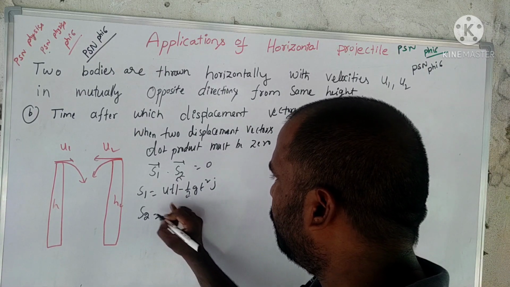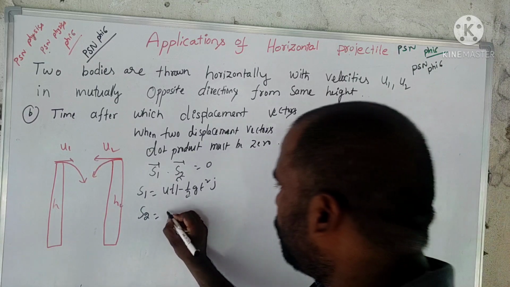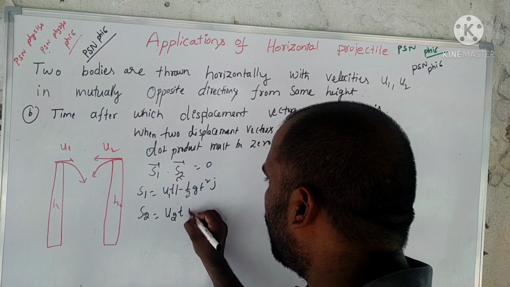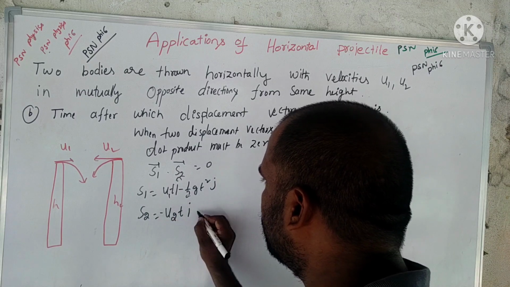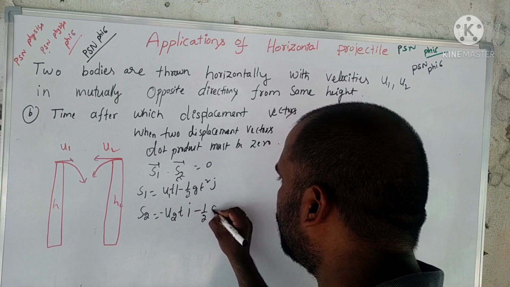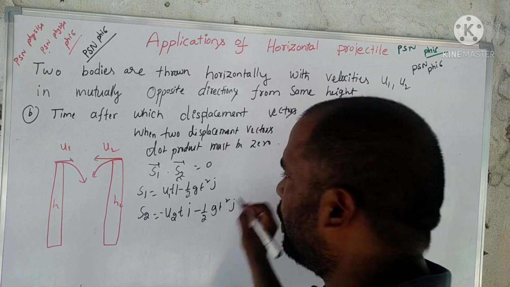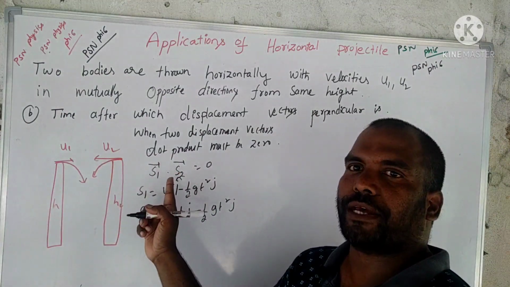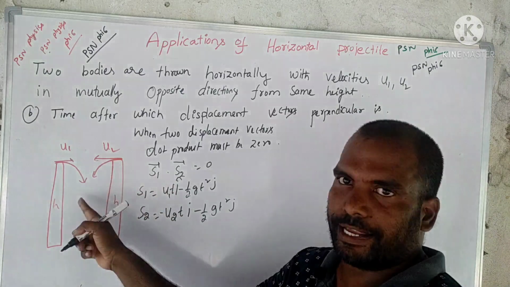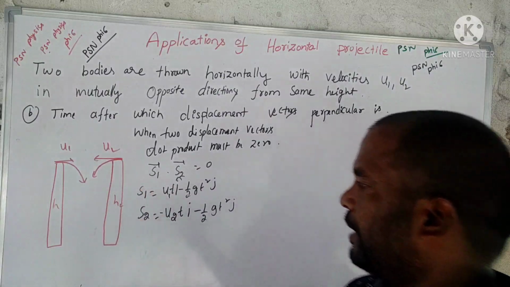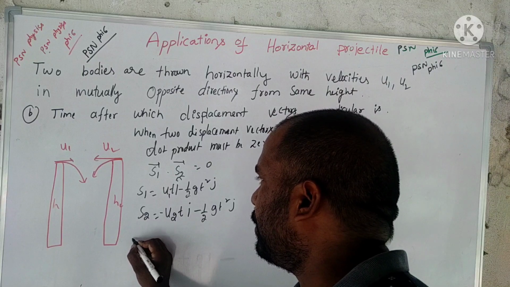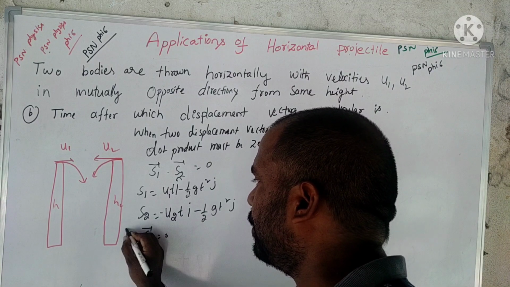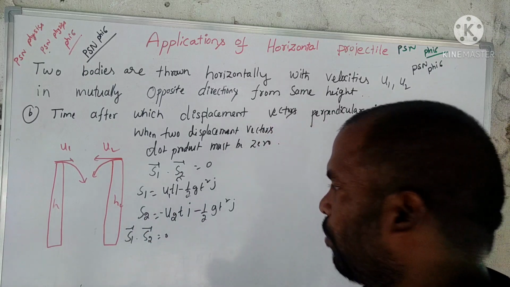S2 is equal to minus u2 t i minus half g t square j. Here again, the first vector we are taking along the positive x-axis and the second vector along the negative x-axis. From that we can write. Now if you write the dot product S1 dot S2 is equal to 0, what will come?